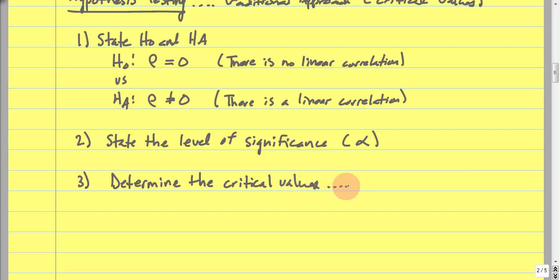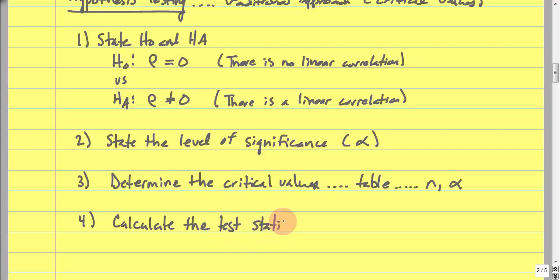Now the critical values that we're going to use are from our table. And to use this table, we need to know two things. We need to know our sample size and we need to know alpha. Okay, number 4 is we're going to go ahead and calculate a test statistic. Now this test statistic, we don't really want to go after the formula. We're going to use your calculator. And I'll show you how to do this.